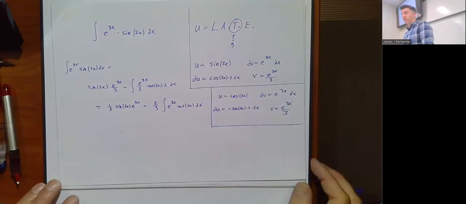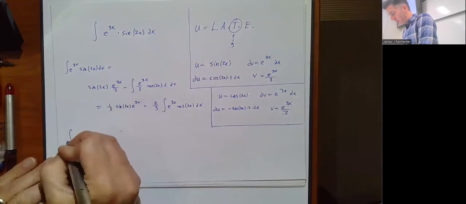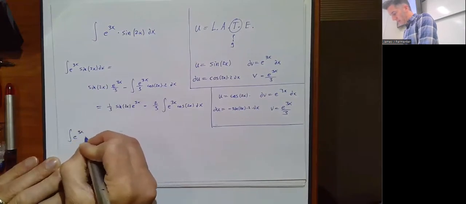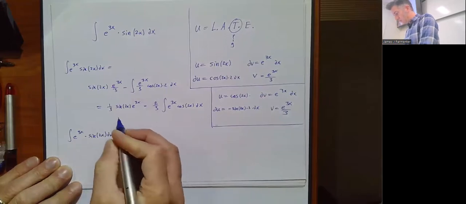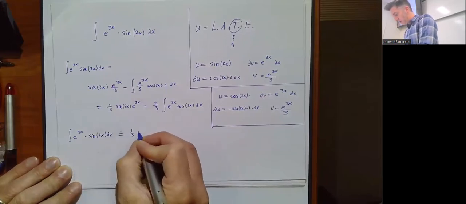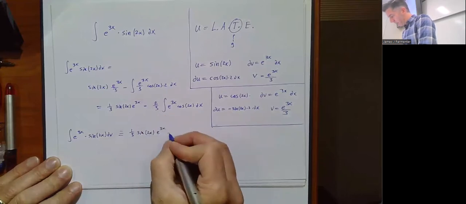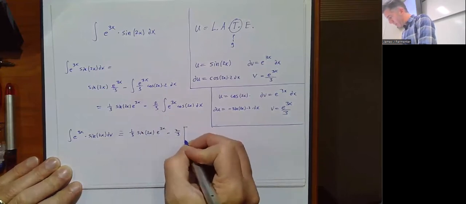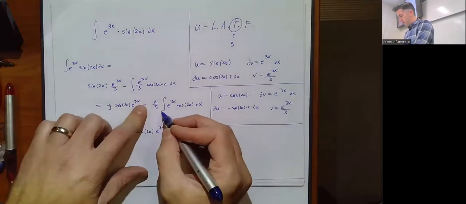I am going to very specifically write the entire equation. So I'm going to write the integral of e to the 3x times sine of 2x dx equal to 1/3 sine of 2x e to the 3x minus 2/3 times my integral of this.